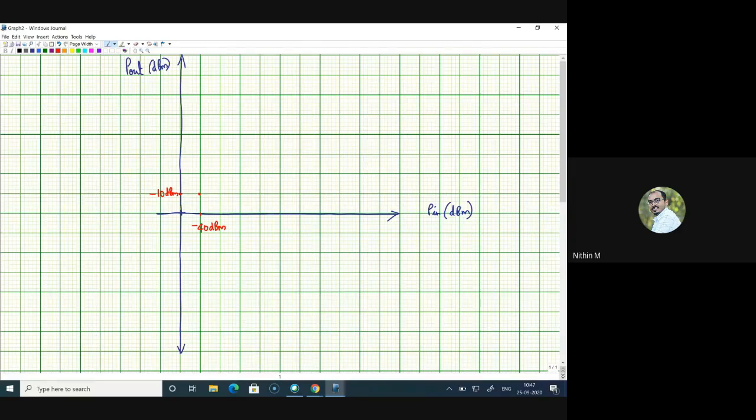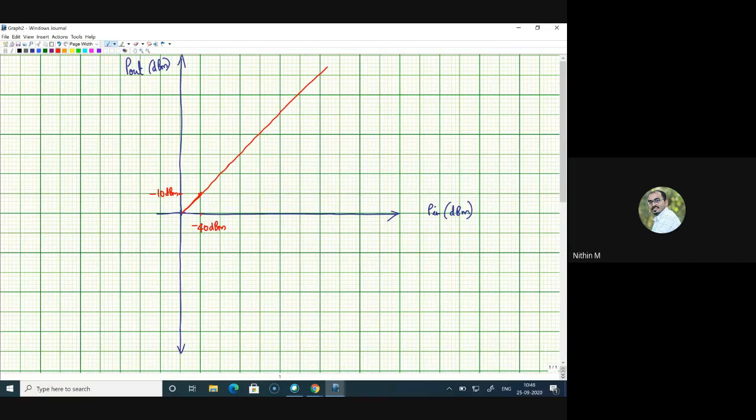If I draw a line here, as my input progresses, output also will be progressing in a linear way. So your plot will be something like this. This will be the fundamental component.